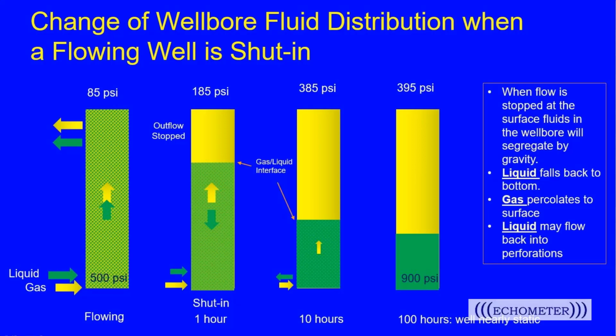Now, as this liquid falls back, we'll also tend to see the oil and the water mix separate. As we're flowing and we're above critical velocity, this will be oil and water mixed all the way to the surface. And we'll start seeing a boundary between the oil and the water layer, with the water being at the bottom because it's heavier.